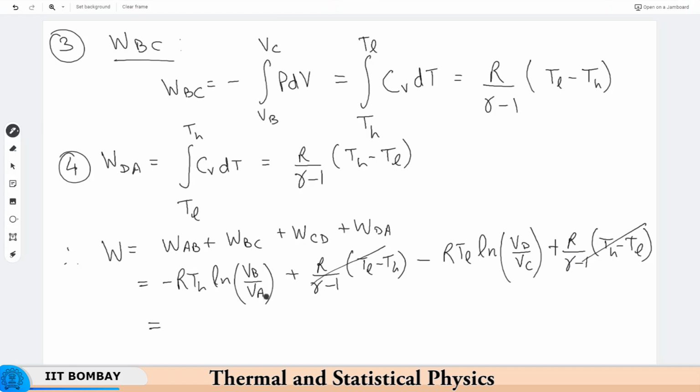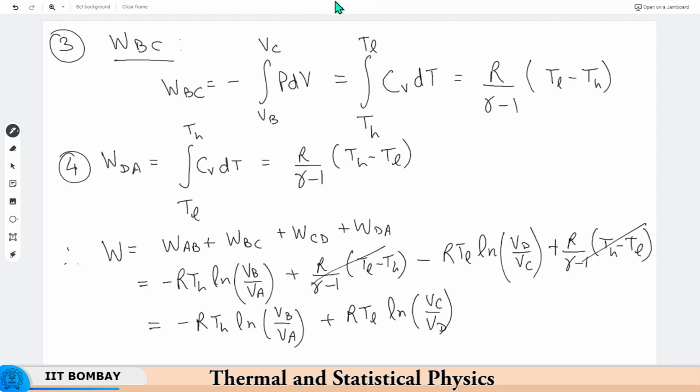So this is minus R TH log of VB by VA, and I can invert this and convert this into positive sign, so plus R TL log of VC by VD.